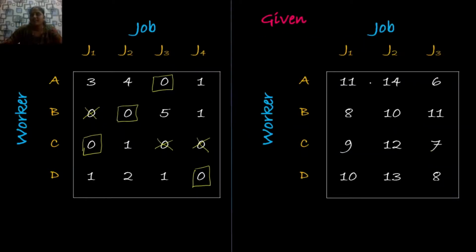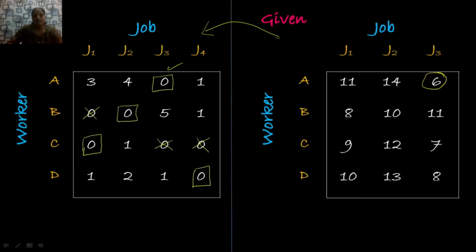This is the given matrix. So using the Hungarian method, we reduce this matrix to this form and arrive at the optimum assignment schedule like this. So for this portion we have the cost associated with that, A to J3, that is 6.